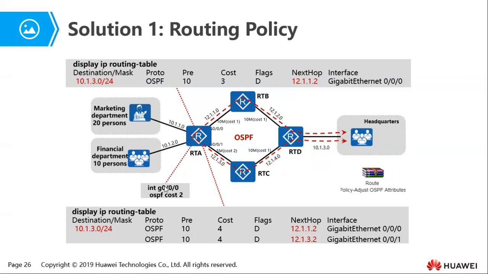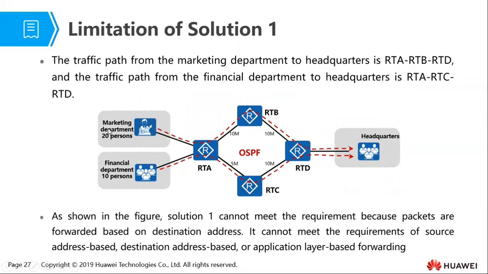So this method has helped us just a bit. But what if we want to specify that traffic from the marketing department should pass through RTB, and traffic from the finance department should pass through RTC? As shown in the figure, solution 1, the one that we just did, cannot meet the requirement because packets are forwarded based on the destination address.